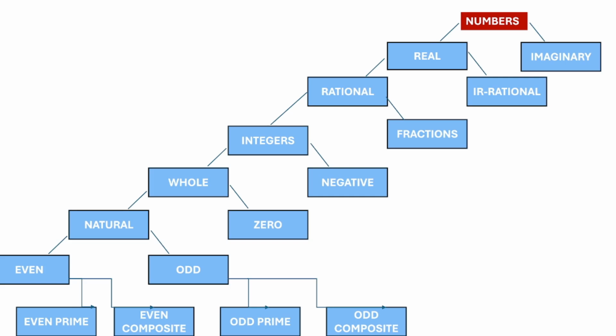All the numbers which are present are classified into two categories, real and imaginary. So we are considering all the numbers we know and classifying them in a step-by-step manner. The broad classification at the top is real and imaginary, and then the classification goes further down.